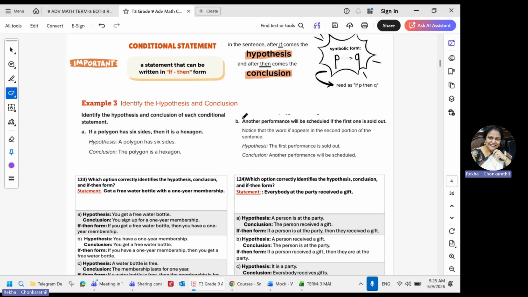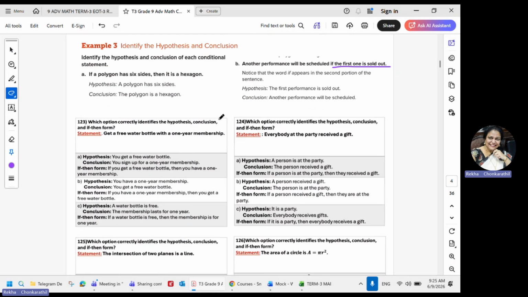Now look at example 3B. Another performance will be scheduled if the first one is sold out. So the first one is sold out will be the hypothesis. Another performance will be scheduled is the conclusion. Here the hypothesis is coming towards the end of the statement, but still you know what follows what. Now look at question number 123. Get a free water bottle with a 1-year membership. You can't get a 1-year membership if you buy a free water bottle.